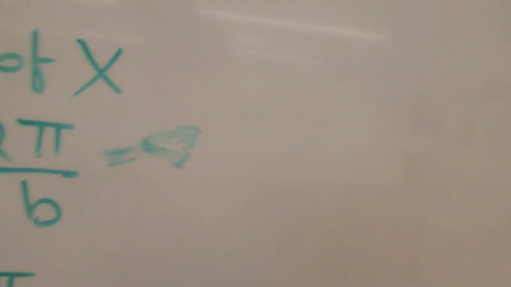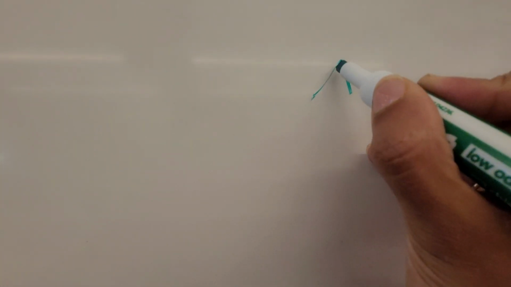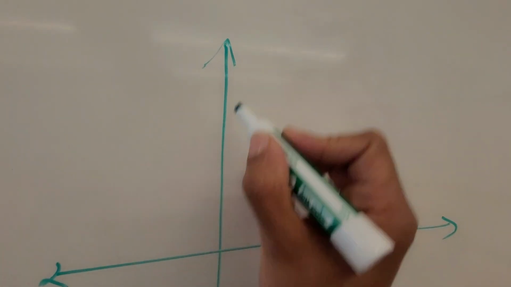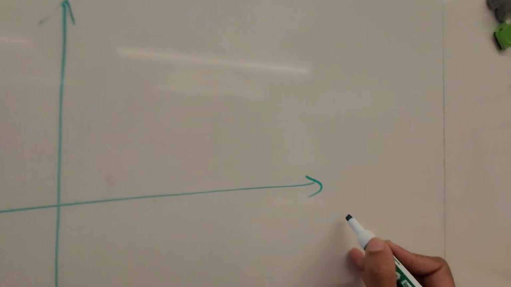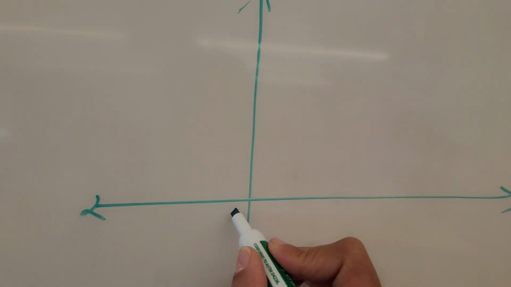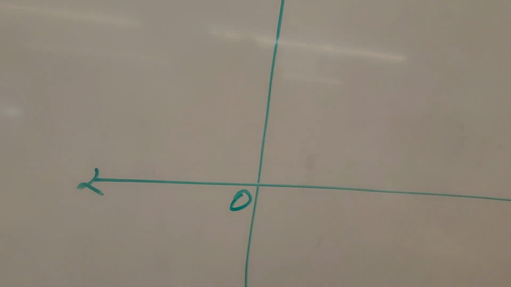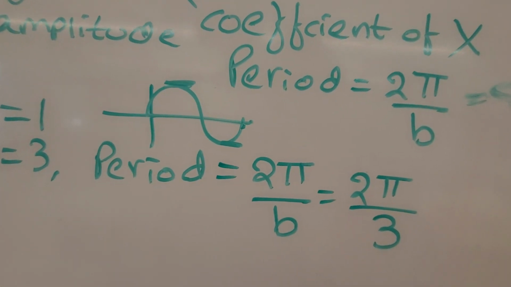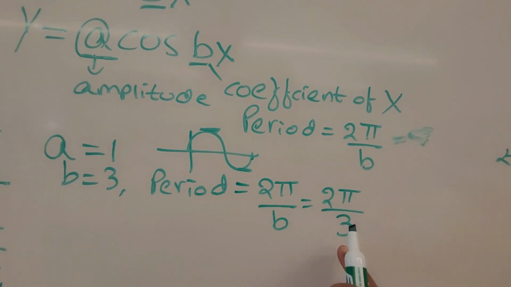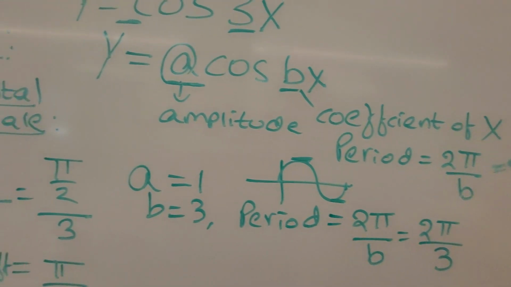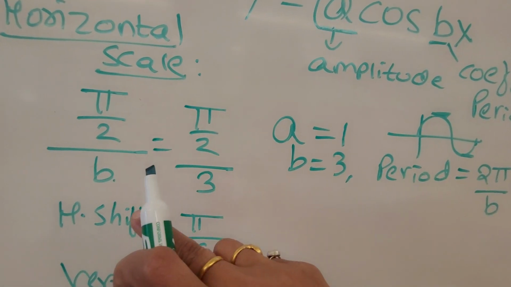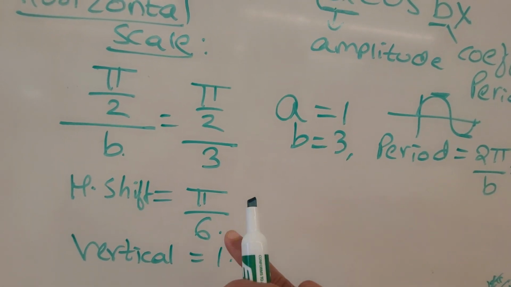Okay, so now let's draw the graph here. For drawing the graph, I'm marking my axes, the y-axis and x-axis. This is the origin, and my period is 2 pi by 3. For the horizontal axis, I took the formula pi by 2 by b, which gives me pi by 6.